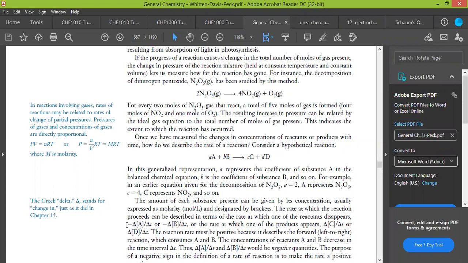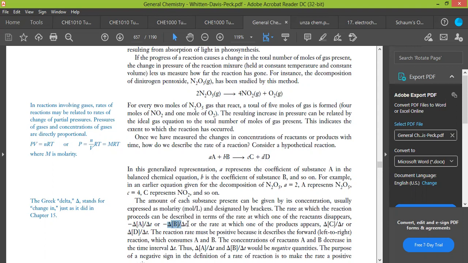So to these expressions, like this expression I have here, negative change in A over time, the only thing I'm doing is you put in front, before the delta, this symbol, you put 1 over a, and then you write this, and then you put an equal sign, minus 1 over b, and then you write this. So you put minus then 1 over b, then you write change in the concentration of B divided by time.